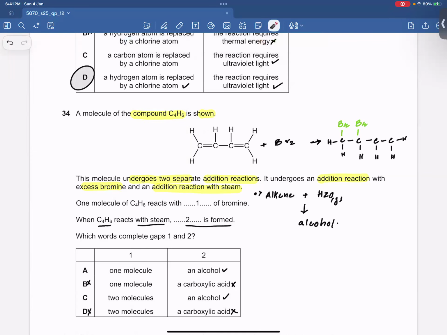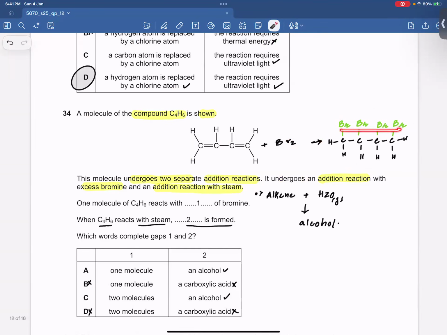Another addition reaction takes place between these 2 carbon atoms, and that is going to be the product when these 2 reactants react together. How many bromine atoms have we added all together? 4. That indicates we need 2 molecules of bromine. So 1 molecule of C4H6 reacts with 2 molecules of bromine. So the right answer is going to be C.